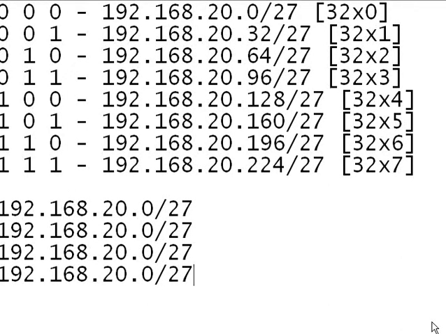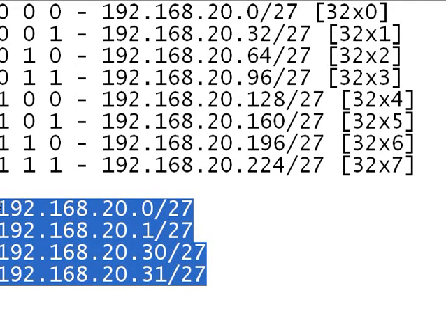This is the specification of the first subnetwork: 192.168.20.0 is the network address, 192.168.20.1 is the first IP, and 20.30 is the last.